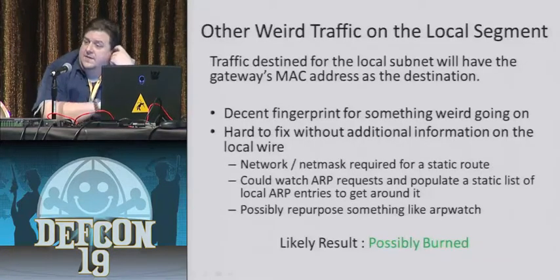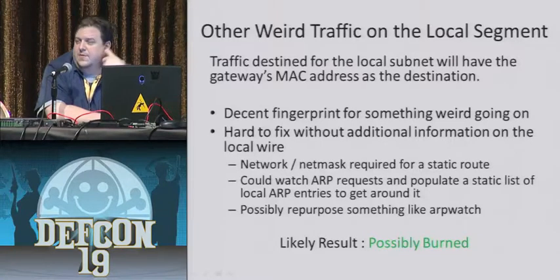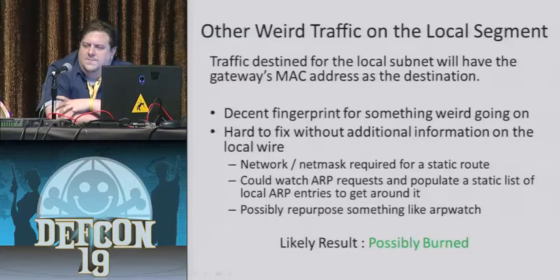So like I talked about, there seemed to be a lot of traffic destined for the local network coming from the local segment as a side effect of our using the MAC address of the gateway to do all of our routing. We could probably fix that just by watching ARP requests on the wire and creating static ARP entries for every item that we see, so we can communicate with local devices without going through the gateway.